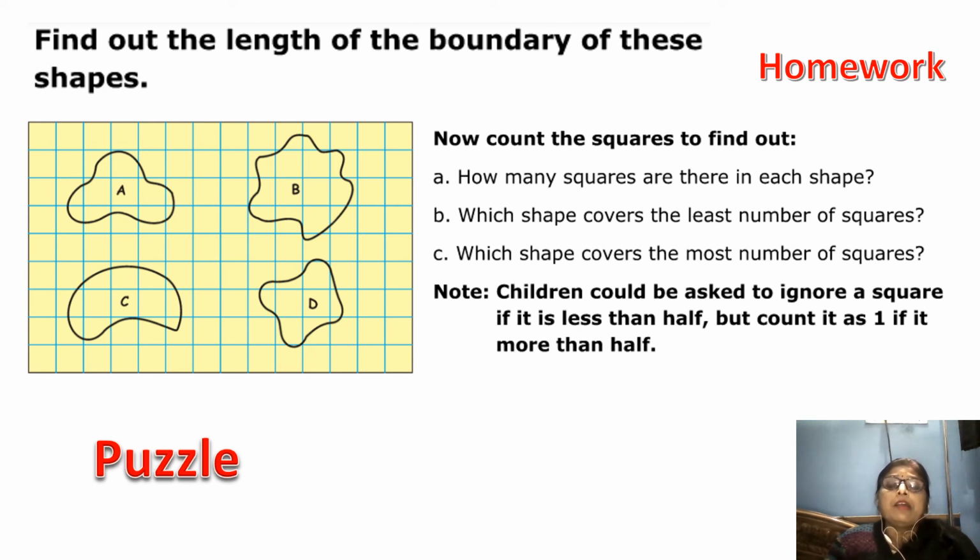That square will not be included. But if the square is more than half, then you will include it and count it. Then you will get the number of squares of each and every figure. So count the squares and write down the answers of the given questions.